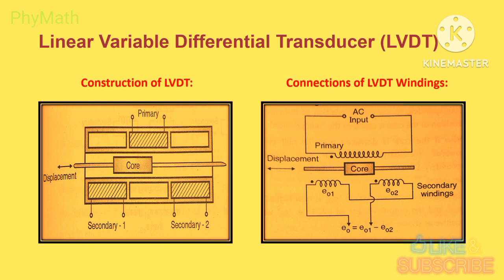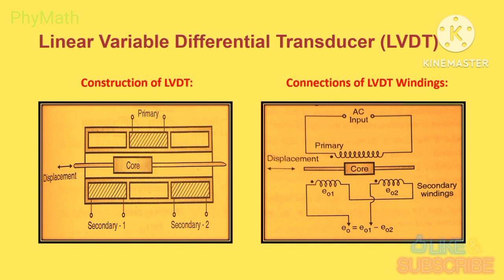The LVDT is a variable inductance displacement transducer, and it consists of one primary winding and two identical secondary windings, that is secondary winding 1 and secondary winding 2.